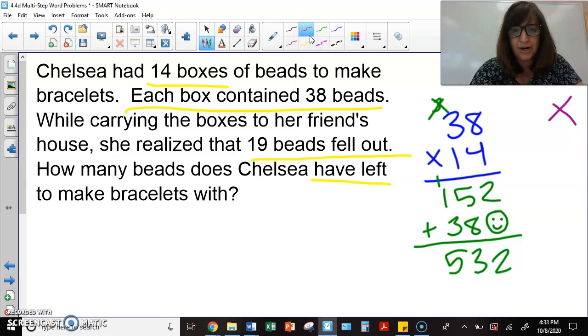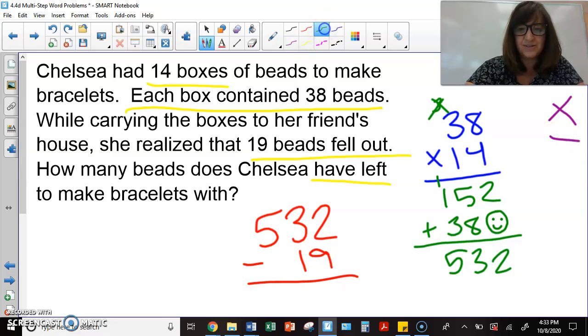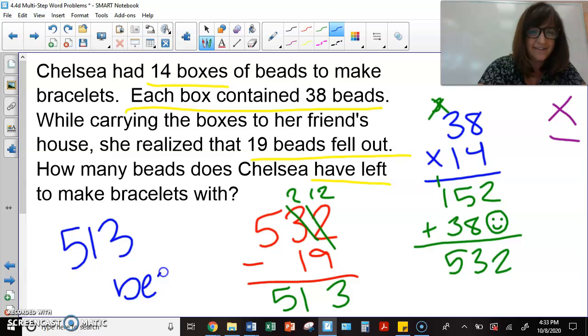But remember, 19 of them fell out. So that means my next step is going to be to subtract. So I am going to regroup over here. And that means that she has 513 beads left to make bracelets with.